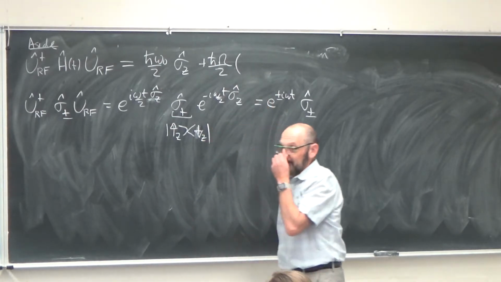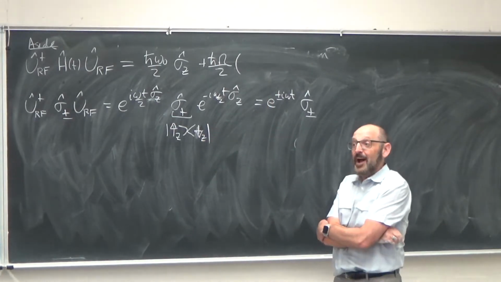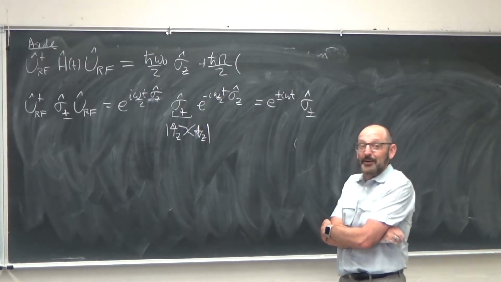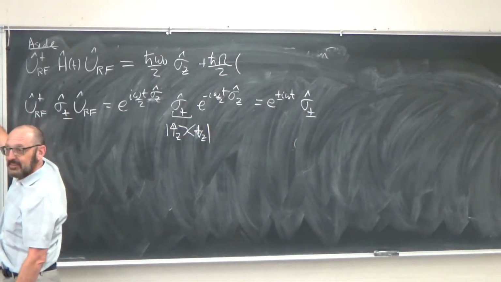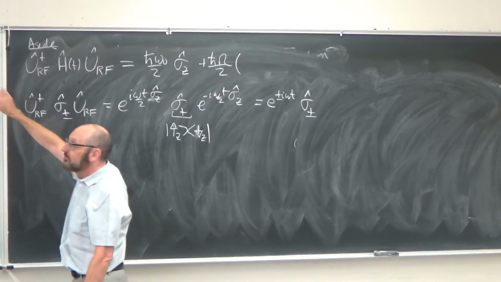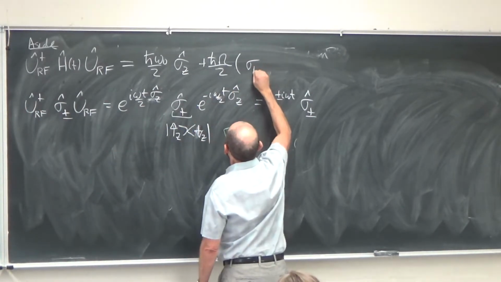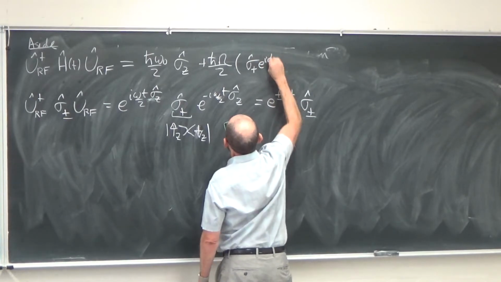And look what happens. The time dependence goes away. What a shocker. Because when we put this in, it's going to get the plus and it cancels that. The other one's got a minus, it cancels that. And I get something where the time dependence is gone.